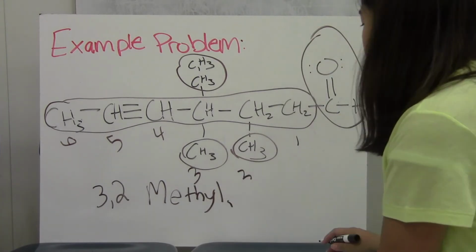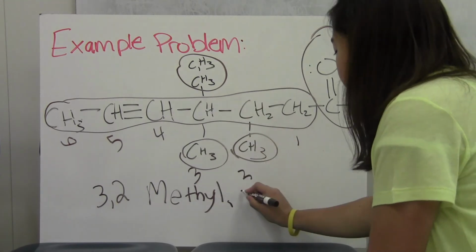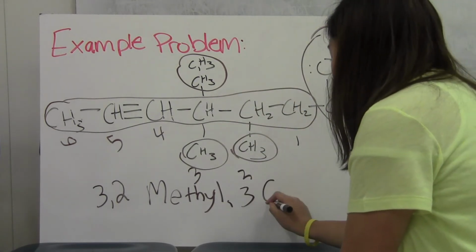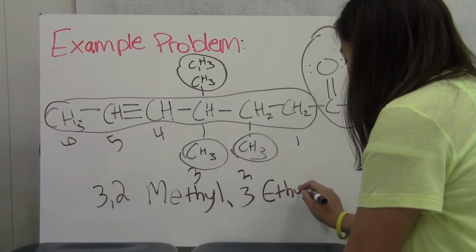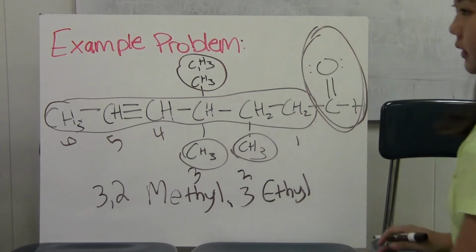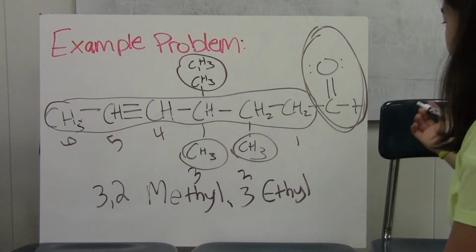comma, 3 again, because we have another functional group on the 3, ethyl, because it's an ethyl group. And then this functional group over here is an aldehyde.